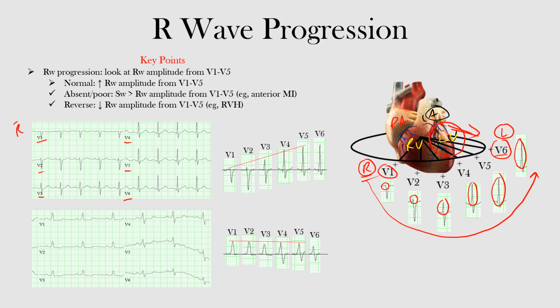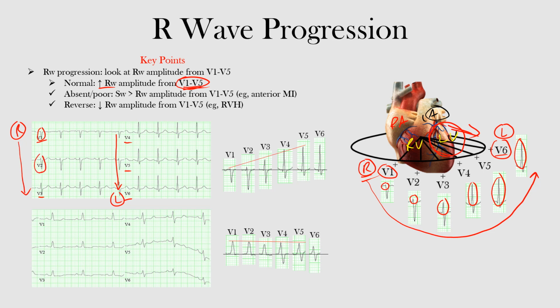From the right, and as we go through here, we're getting to the leftward portion of the heart. Normal R-wave progression is when the R wave increases in amplitude from V1 to V5. Usually it's V1 to V5, not V6.